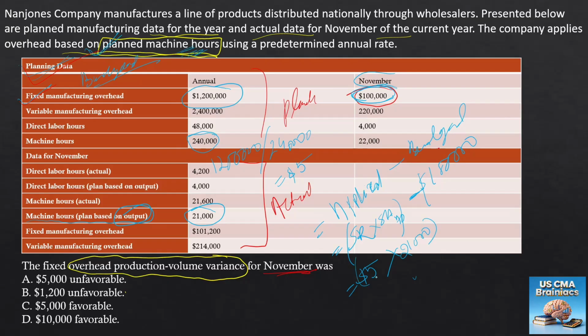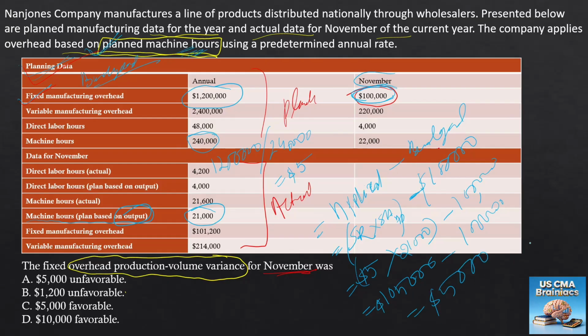Clear? Any doubt? No. Get the 100,000: 21 into 5, how much? 105,000, minus 100,000. The difference is 5,000.